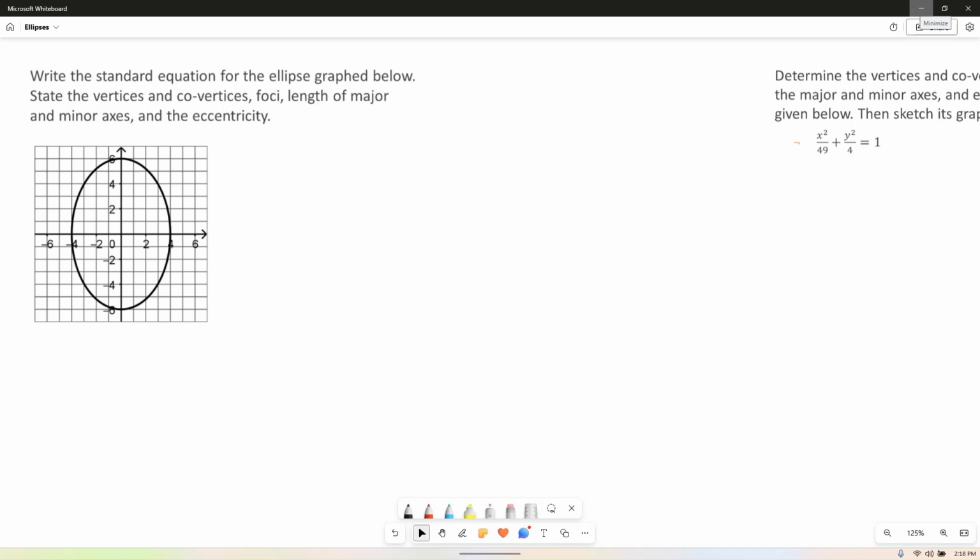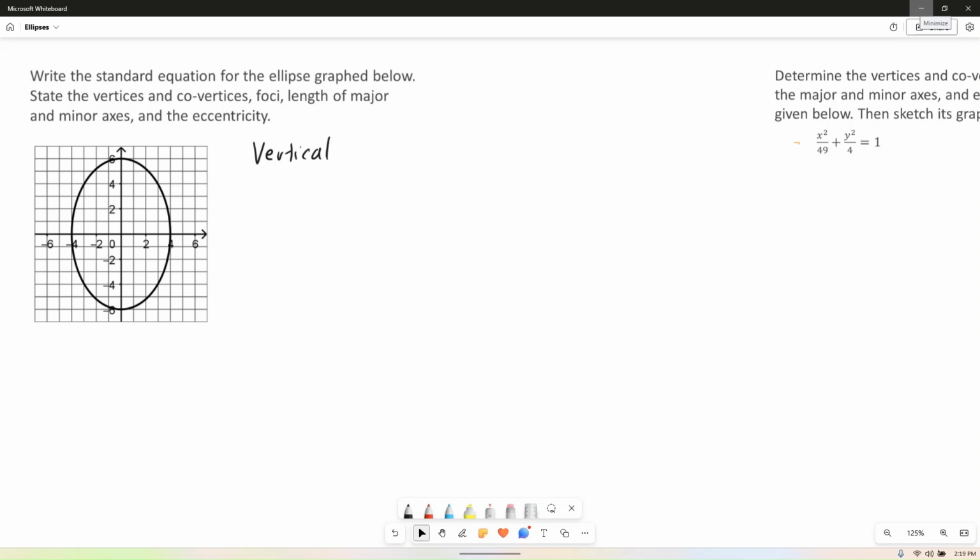The second thing is that it is taller than it is wide. So it is stretched vertically more than horizontally, which means we have a vertically oriented ellipse.